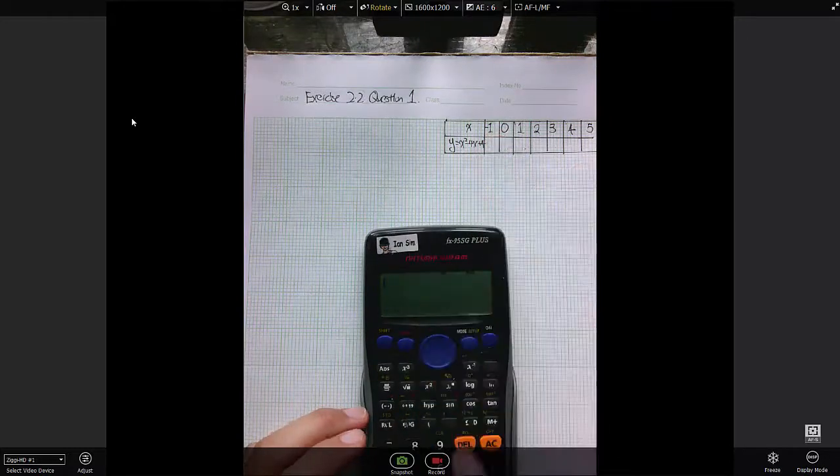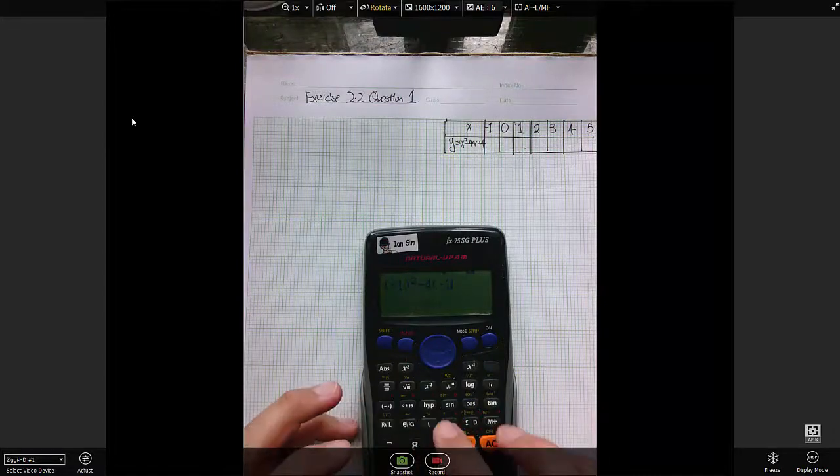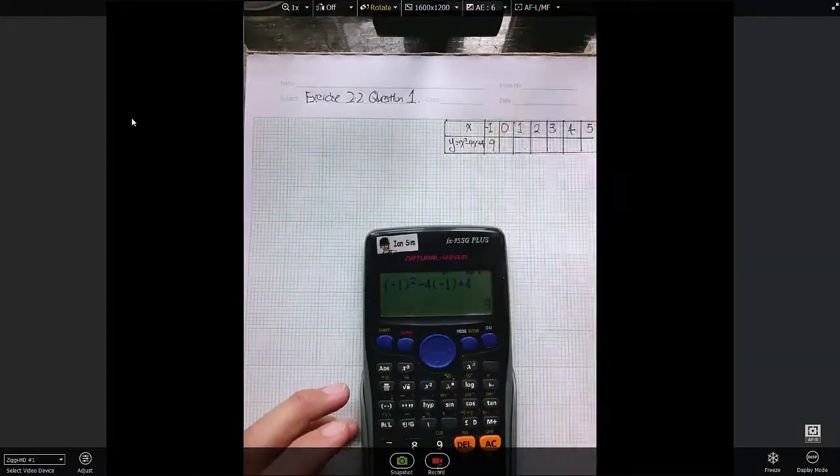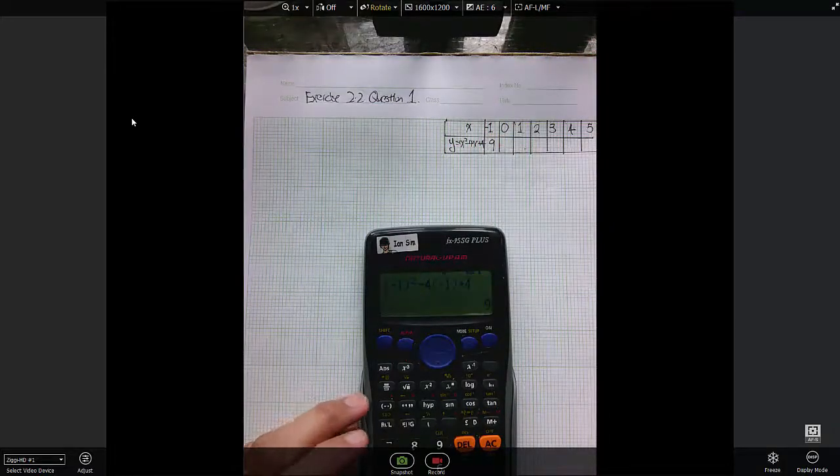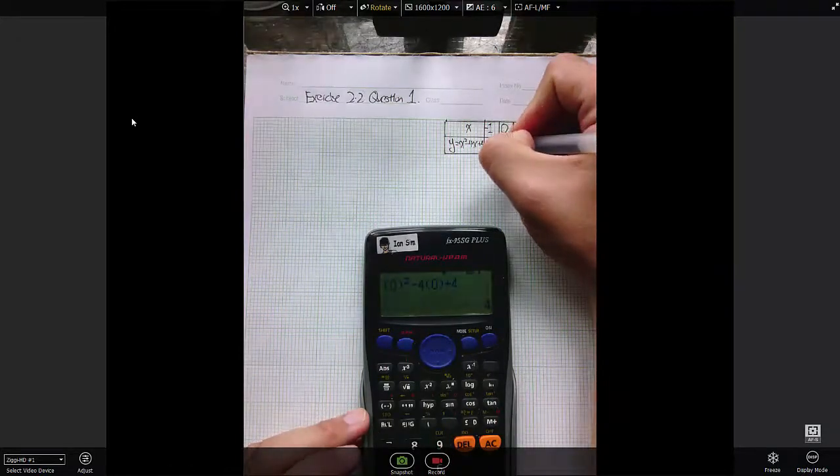I do the first one for you: negative 1 squared minus 4 times negative 1 plus 4. The first one is 9. I do the next one for you: 0 squared minus 4 times 0 plus 4. The next box here we fill with 4.